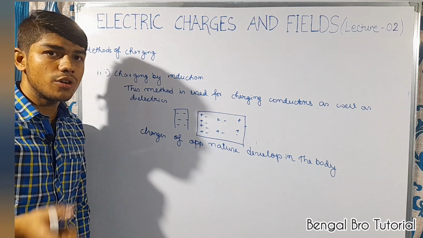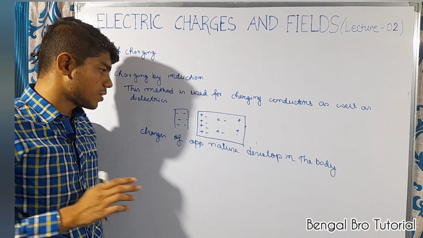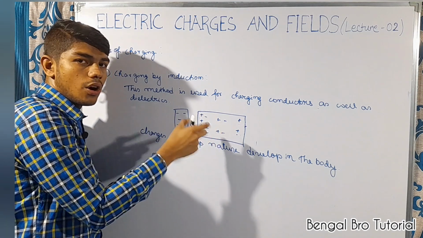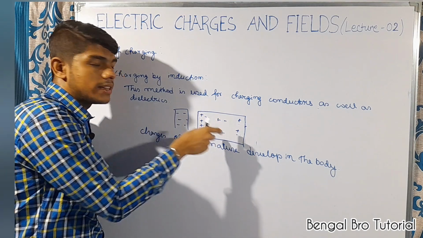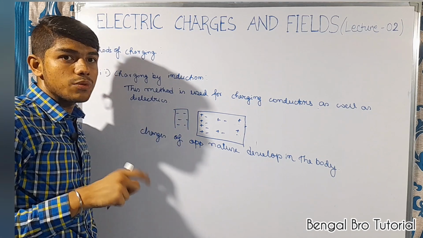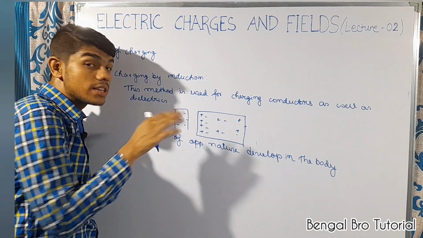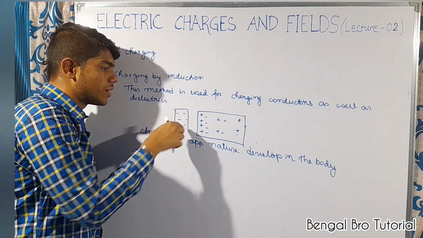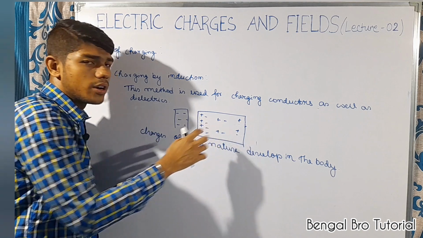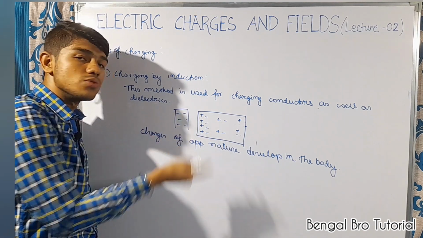And if we talk about magnitude, then in case of conductor, the magnitude of charge acquired by the neutral body will be equal to the magnitude of the body that was used for charging. Means in case of conductor, the neutral body will acquire the same magnitude of charge as the body that was used for charging.